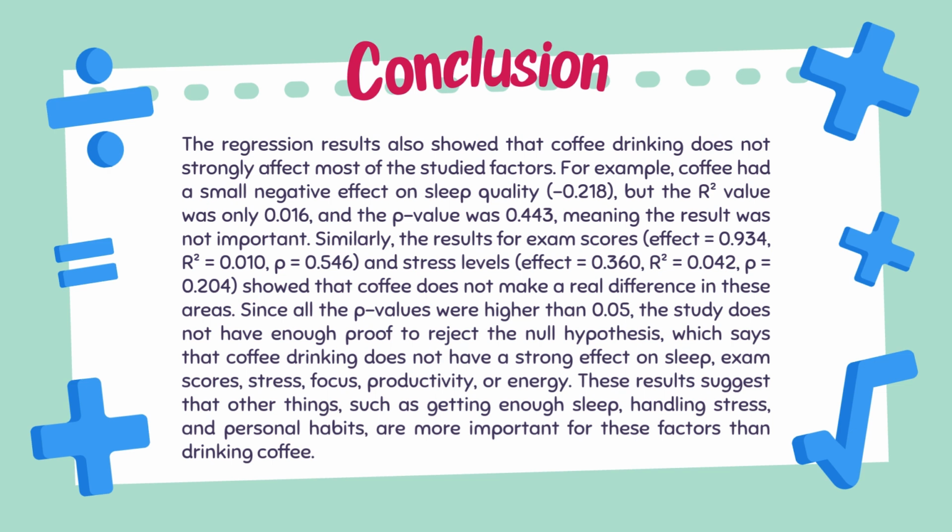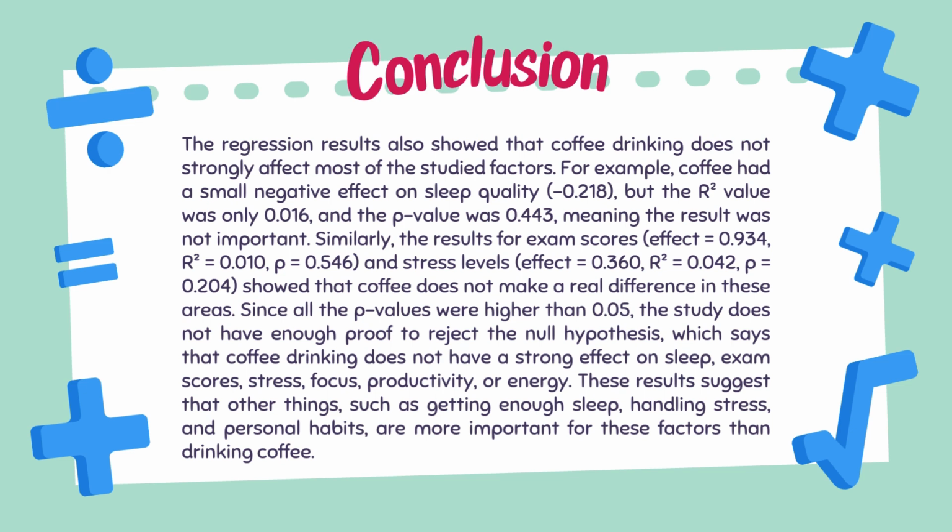Similarly, the results for exam scores of effect equals 0.934, R squared equals 0.010, and p-value equals 0.546, and stress levels of effect equals 0.360, R squared equals 0.042, and p-value equals 0.204 show that coffee does not make a real difference in these areas.